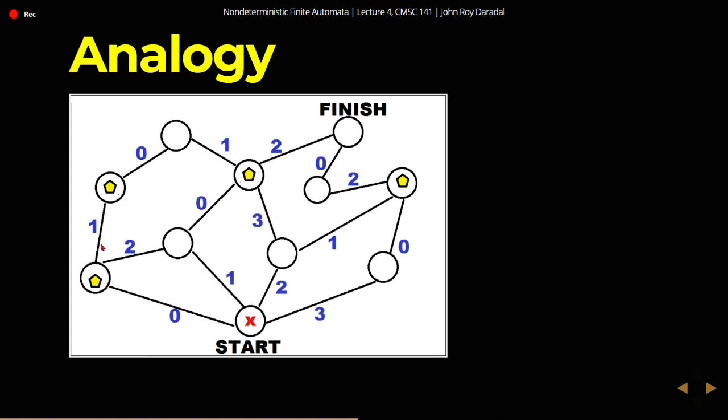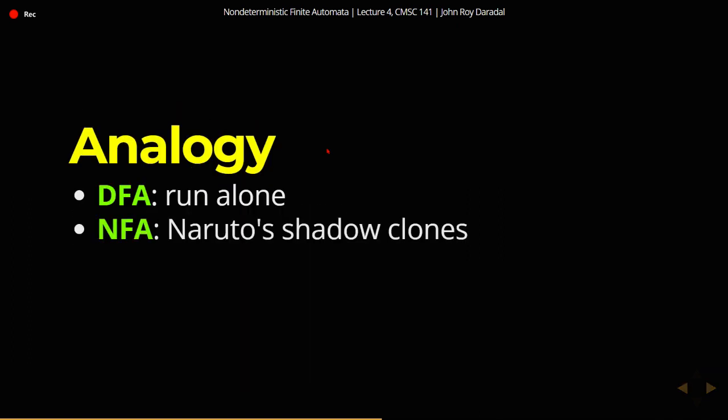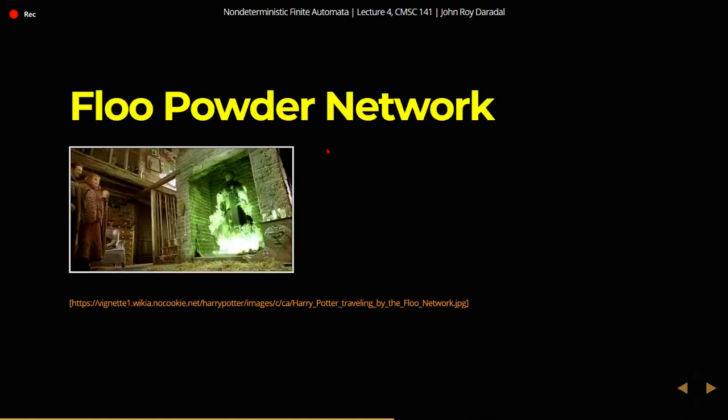So if you get lost running around, then well, yeah, you get lost. You're alone. In the NFA, you can think of it as having Naruto's shadow clones. There are multiple clones of you who are possibly running around, and if one of you or your clones reaches the goal state, then you've succeeded. And in the epsilon NFA, you can think of it as having the power to teleport. More precisely, if you have seen Harry Potter, it's like traveling through the Floo powder network.